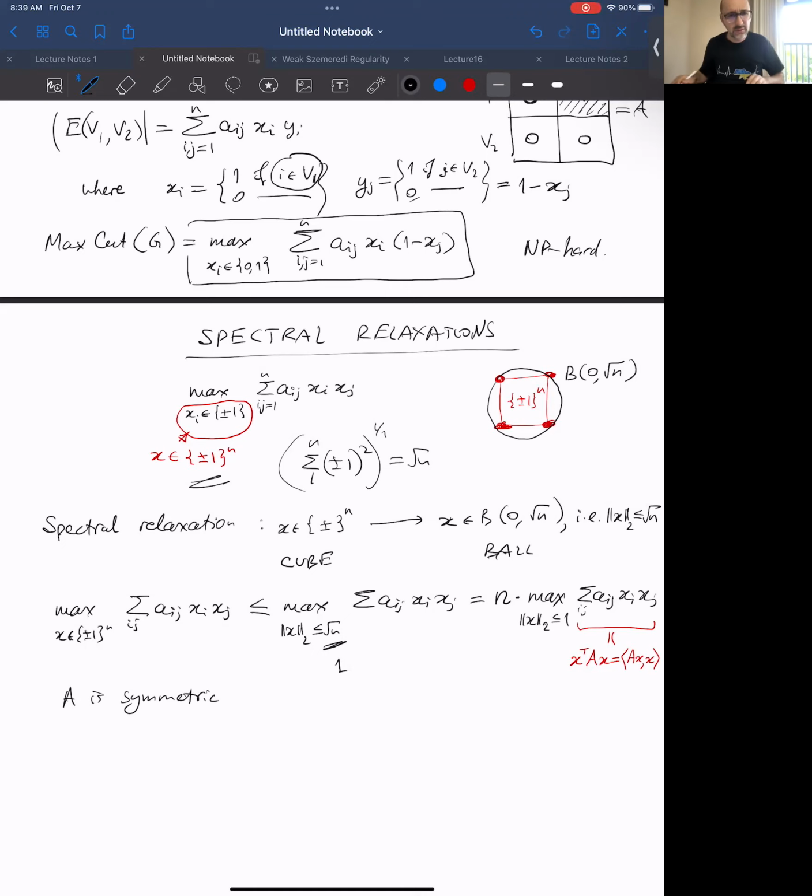For adjacency matrices, symmetry is clear. If A is symmetric, does this ring a bell? You have a quadratic form, x transpose Ax, a canonical quadratic form, and then you maximize it over unit vectors. What would that be? Does anyone know?